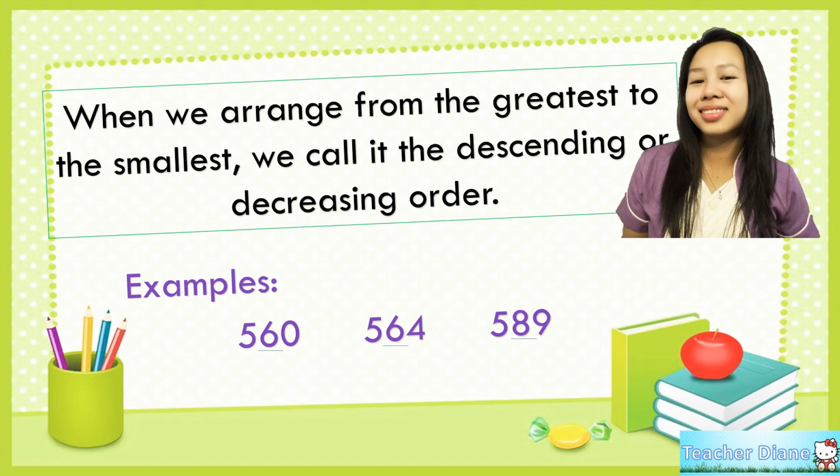Yeah, it's 8. So the greatest number is 589. How about 560 and 564? They are both 6. What will we do now? We have to compare the digit in the ones place. 4 is greater than 0. So 564 is our second number and the smallest is 560.